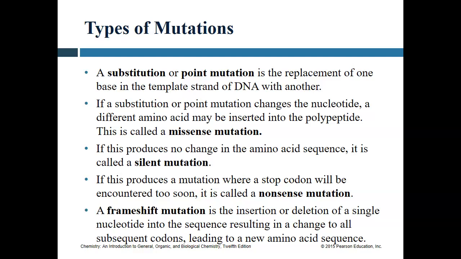Basically, it cuts it too early. So maybe the amino acid sequence is supposed to be 100 long, but the stop codon happens at 50 instead of 100. The protein is now incomplete and probably useless. That's why it's called a nonsense mutation. The protein that is generated is nonsensical, useless, can't be done with.